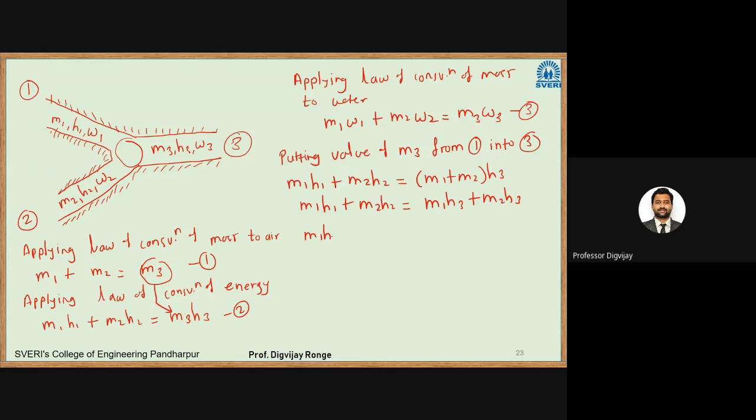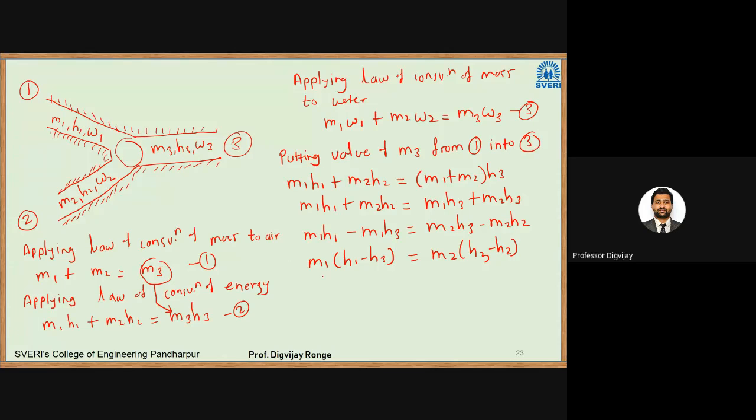So this will be M1 H1 minus M1 H3 equal to M2 H3 minus, sorry, this will be M2 H2. So I have taken all the M1 terms on LHS, M2 terms on RHS. So this will be M1 into H1 minus H3, equal to M2 into H3 minus H2.